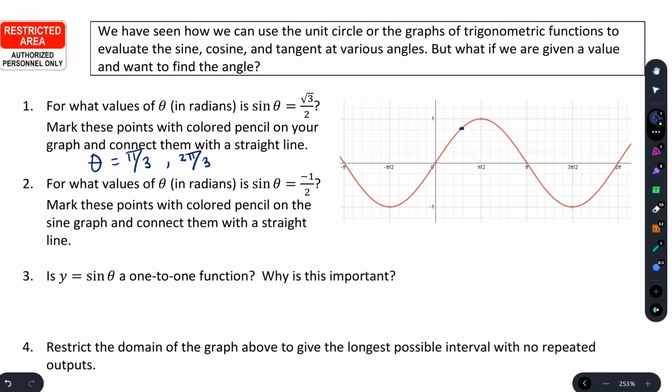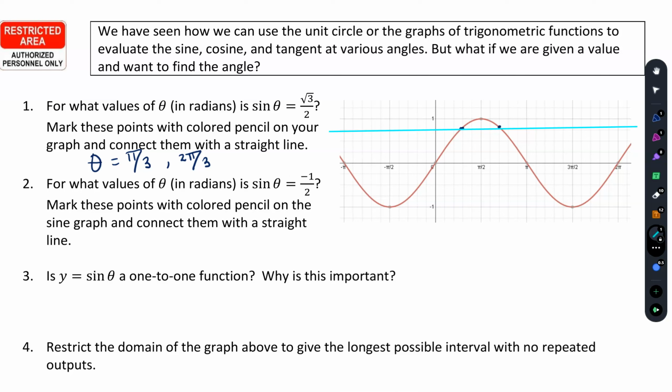Okay. So if I were to draw a straight line through that sine graph, is it going to be more than just those two, pi over 3 and 2 pi over 3? That's a terrible straight line, I'm sorry.